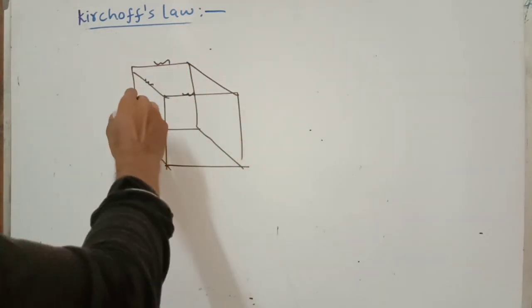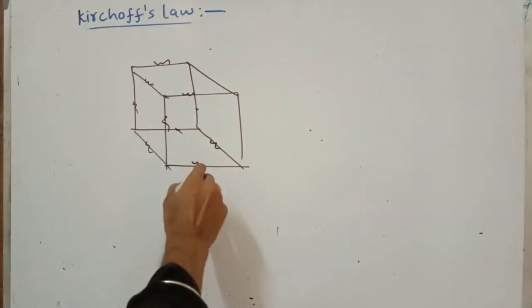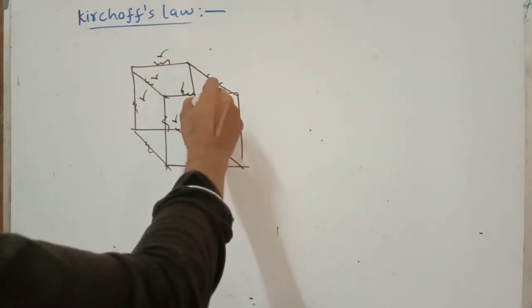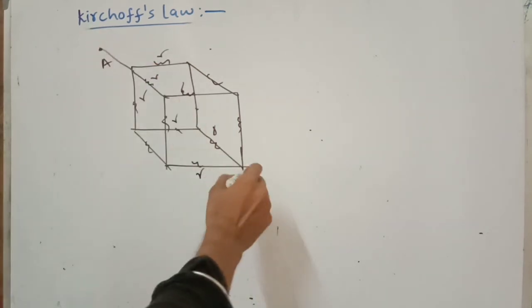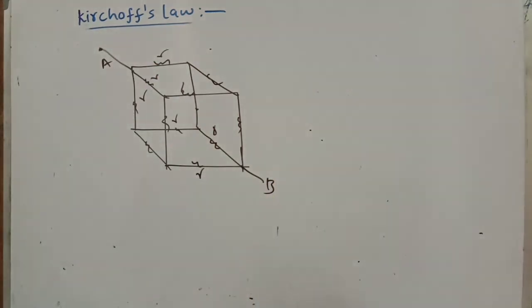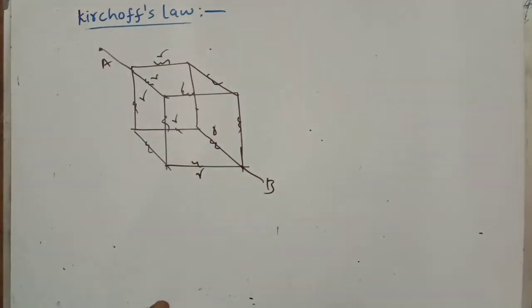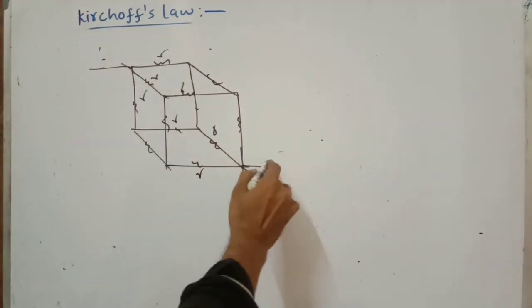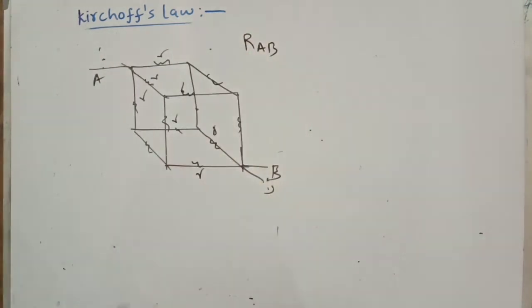In every edge there is resistance R. How can we find the equivalent resistance? Diagonally, we consider this corner to this corner. So the question is to find RAB.